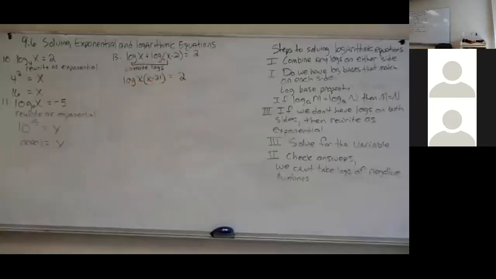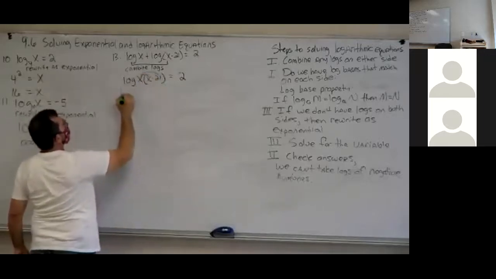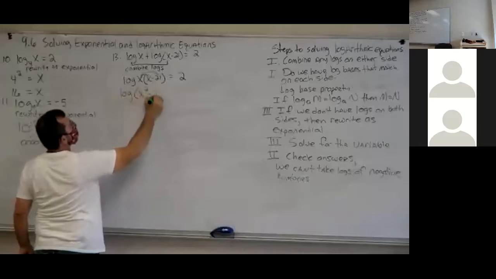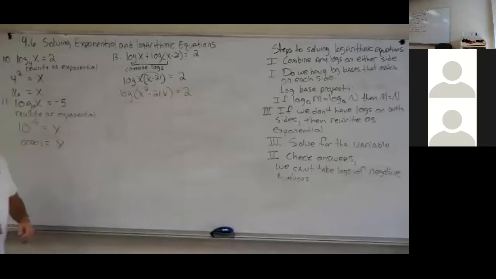And I'm actually going to multiply that before I rewrite this, okay? And I'm just going to distribute that x through here. So I'm going to get a log x squared minus 21x equals 2.